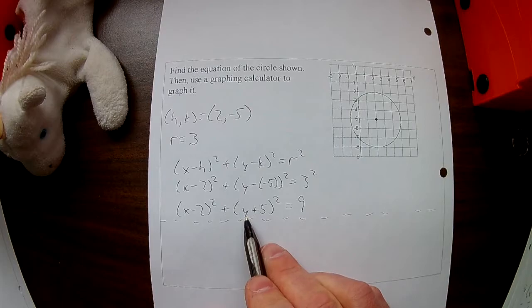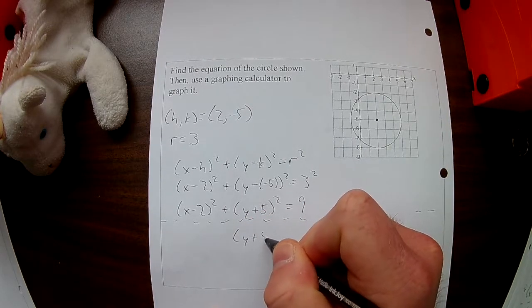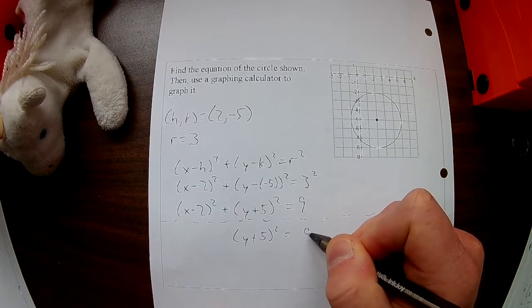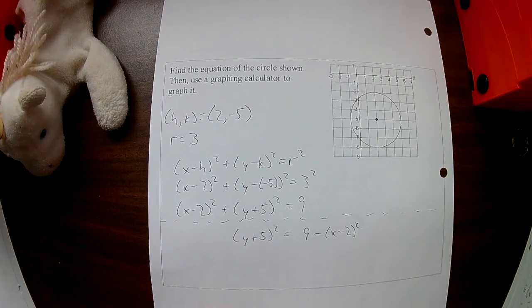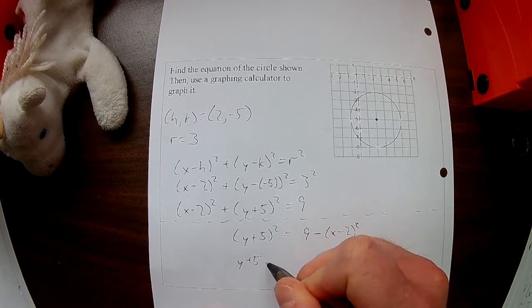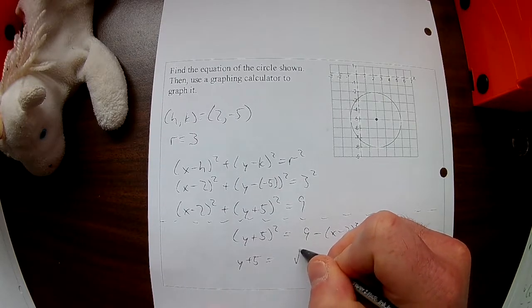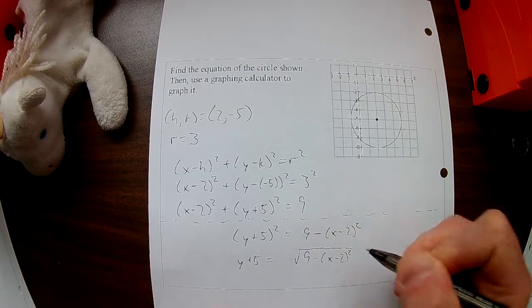When I solve for y, y plus 5 squared equals 9 minus the quantity of x minus 2 squared. When we square root, y plus 5 equals the square root of 9 minus x minus 2 squared.